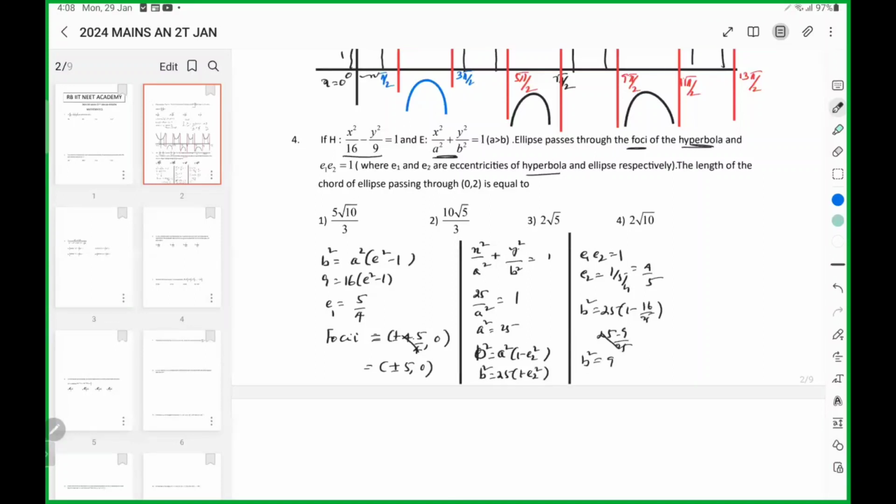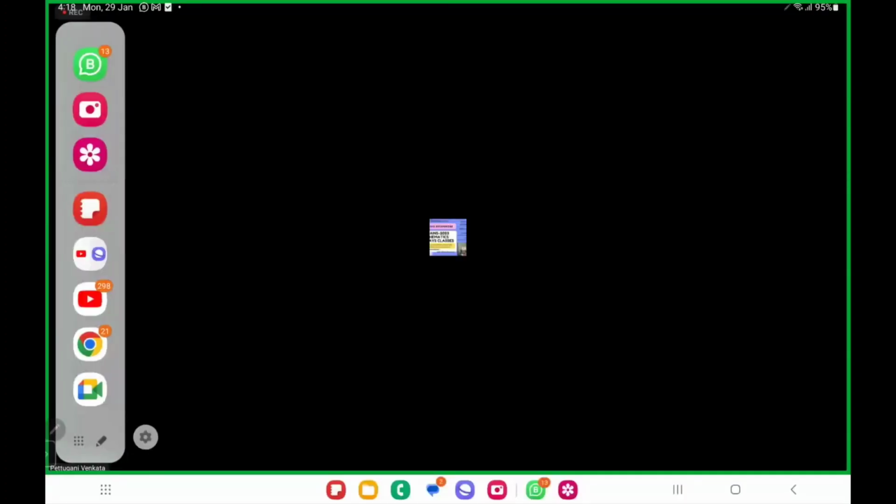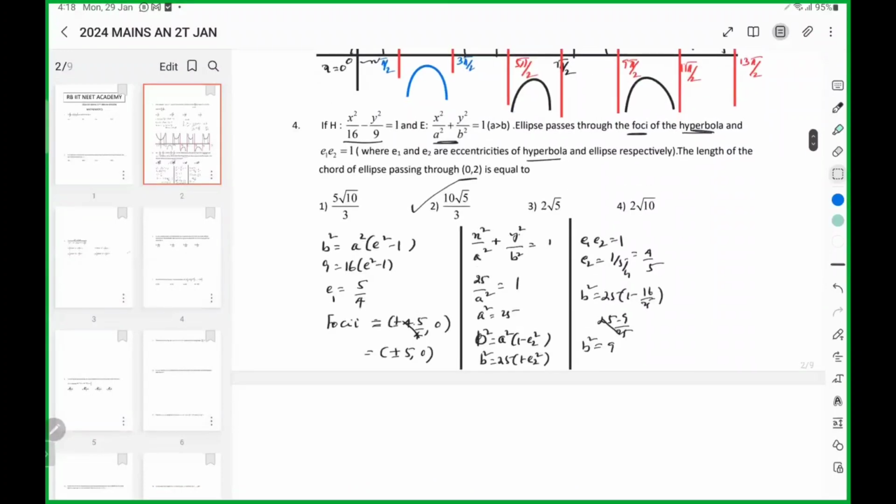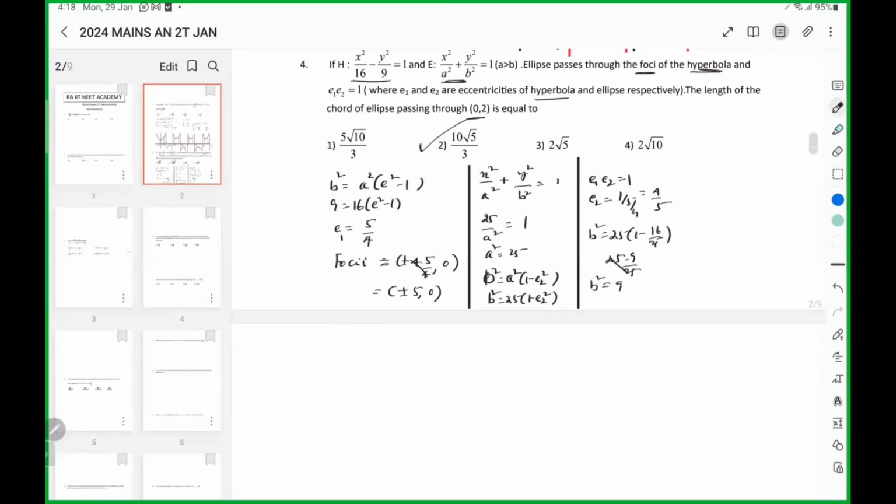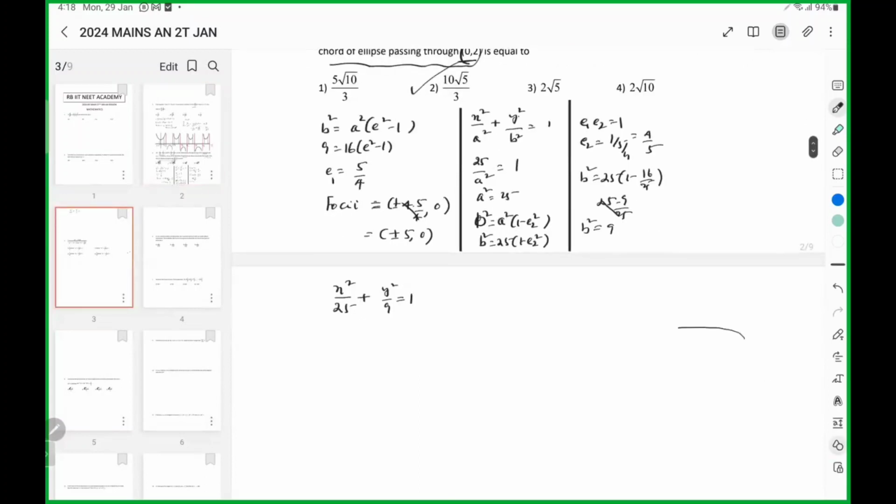So now the ellipse equation finally. Here we got the ellipse equation: x square by 25 plus y square by 9 is 1. So the length of a chord of the ellipse passing through 0 comma 2. If you take the ellipse, 0 comma 2 will be somewhere here.